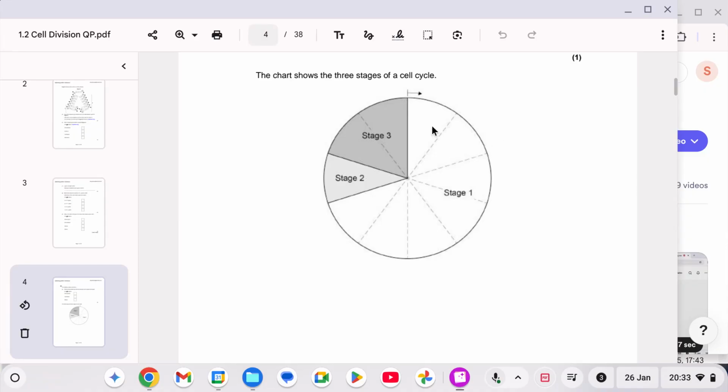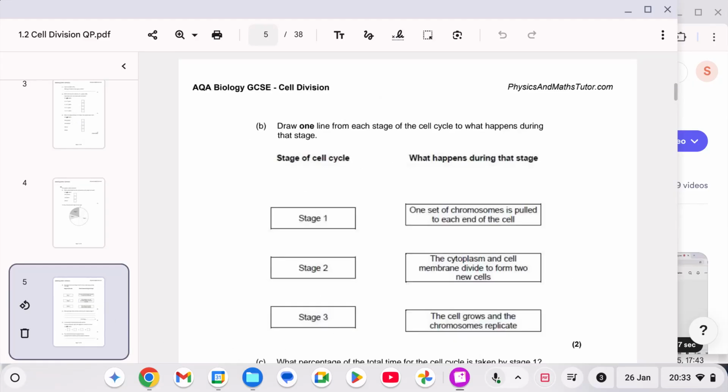So in this one, we've got 1, 2, 3, 4, 5, 6, 7, 8, 9, 10 sections, and we've got 1, 2, 3, 4, 5, 6, 7 in stage 1, 1 in stage 2, and 2 in stage 3. So let's see what it's going to ask us. Let's go down to the next page.